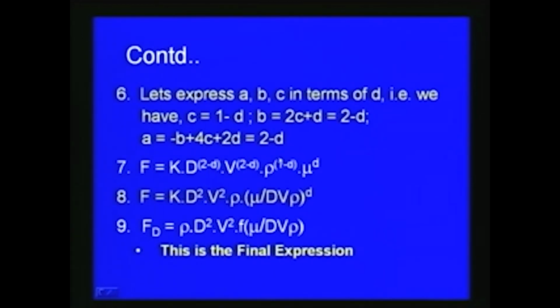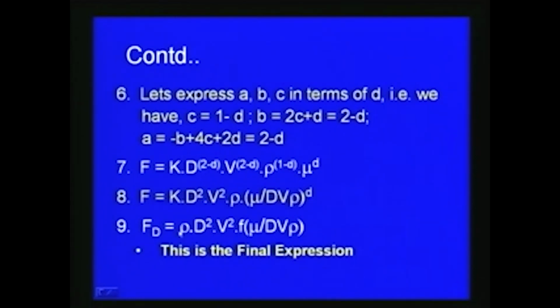So, obviously, for this typical case it should come this way. We write F equal to K D square V square rho into mu by rho V D to the power D. So, this equation is represented in this form.